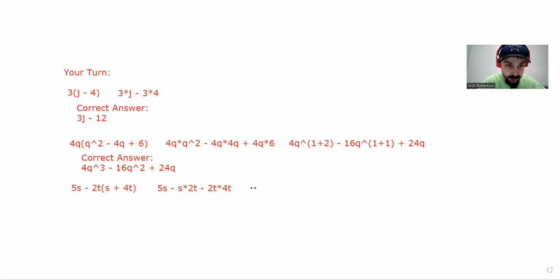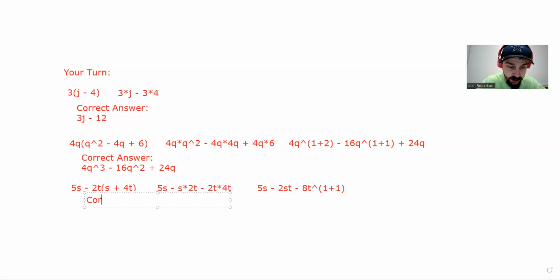Then you've got this scraggly 5s out here. That's going to be minus 2st minus 8t to the 1 plus 1 power. Remember, you got to add your exponents when you're multiplying.